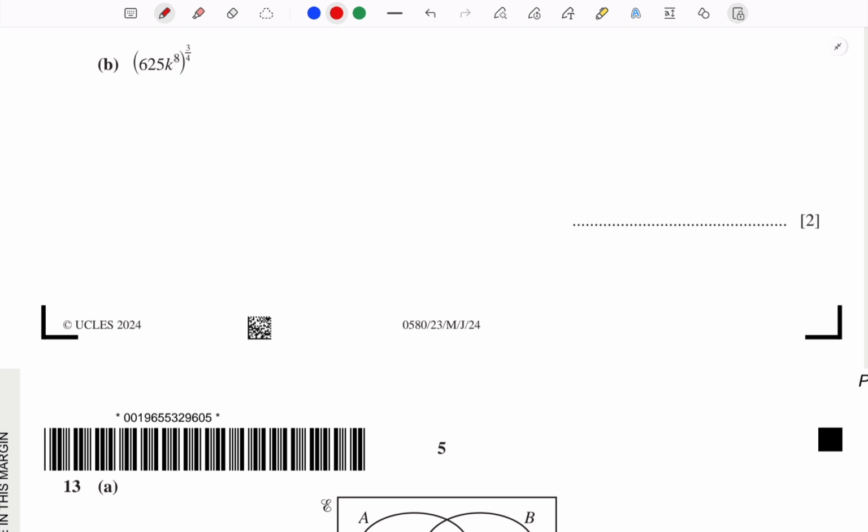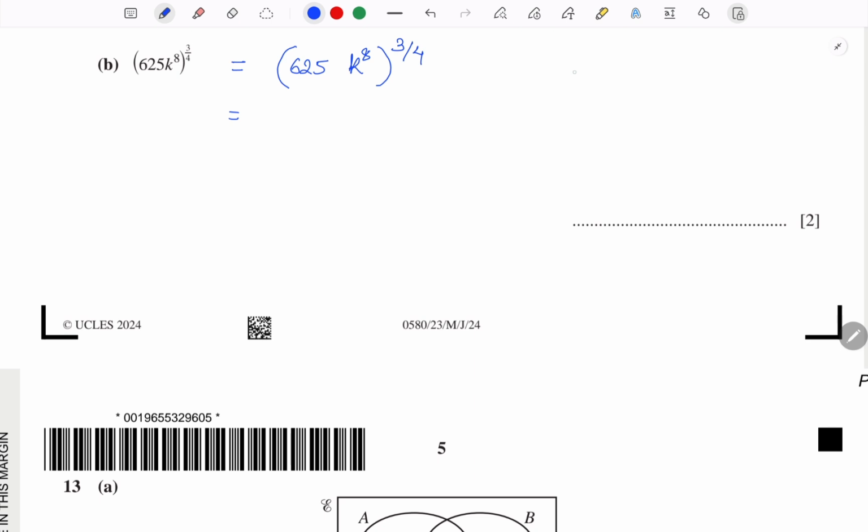625k raised to the power 8 whole raised to the power 3 by 4. Let's see if we can solve this or not. 625k raised to the power 8 and whole raised to the power 3 by 4. See what we can do here.